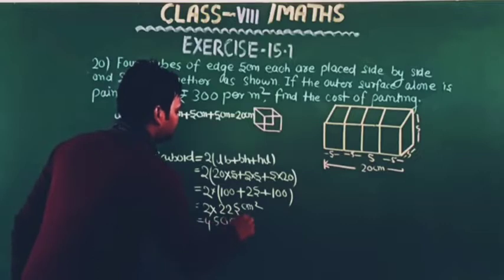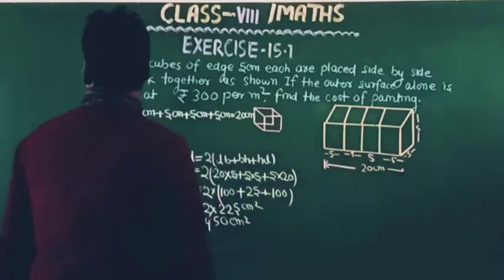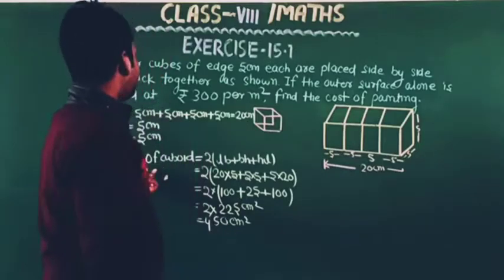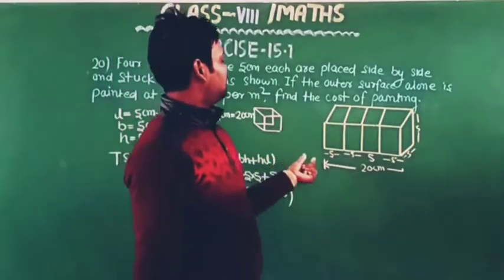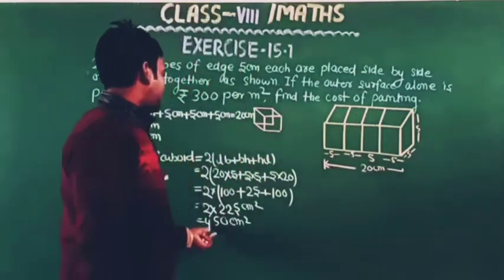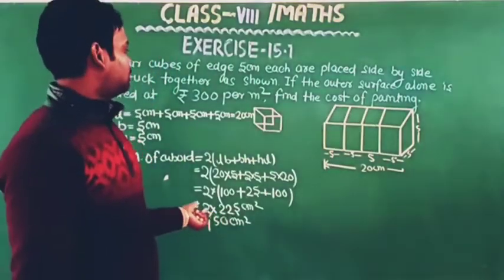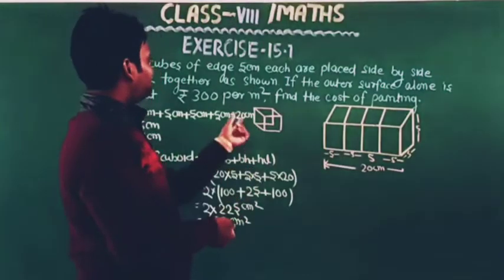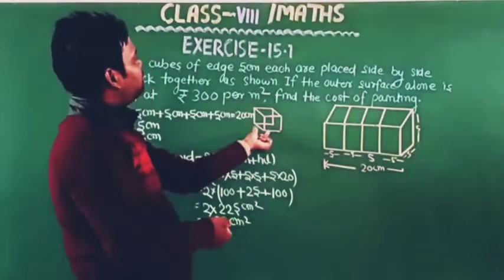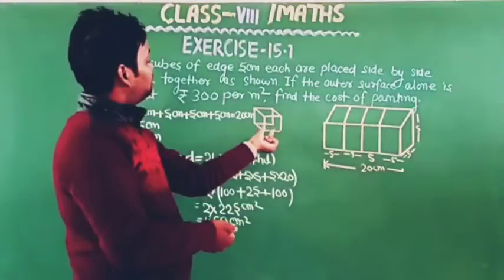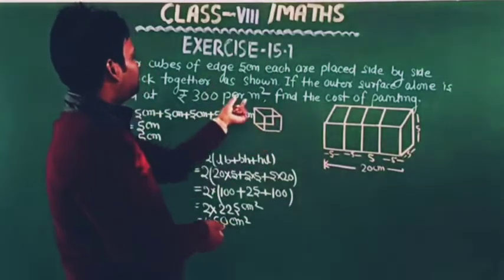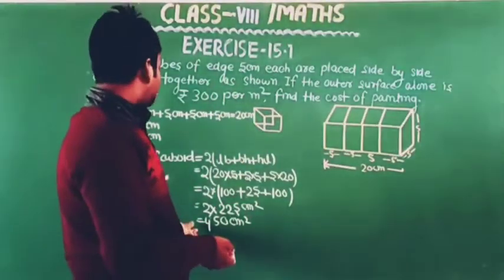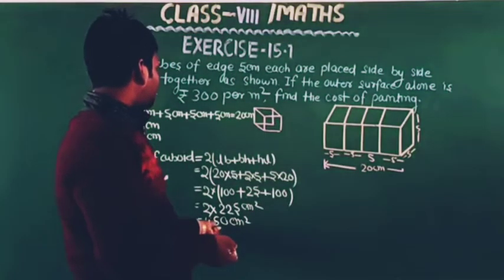450 centimeter square. So the total surface area required is 450 centimeter square after joining 4 cubes of 5 centimeter each end to end. So this is the total surface area of the solid.